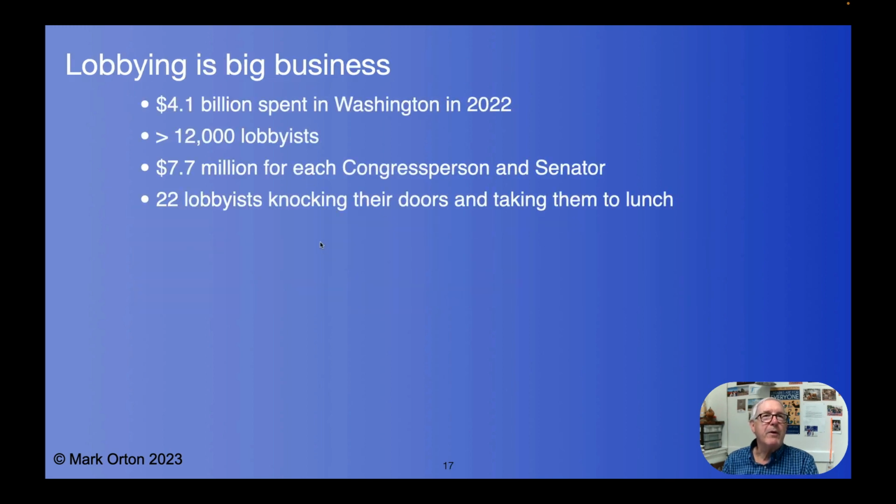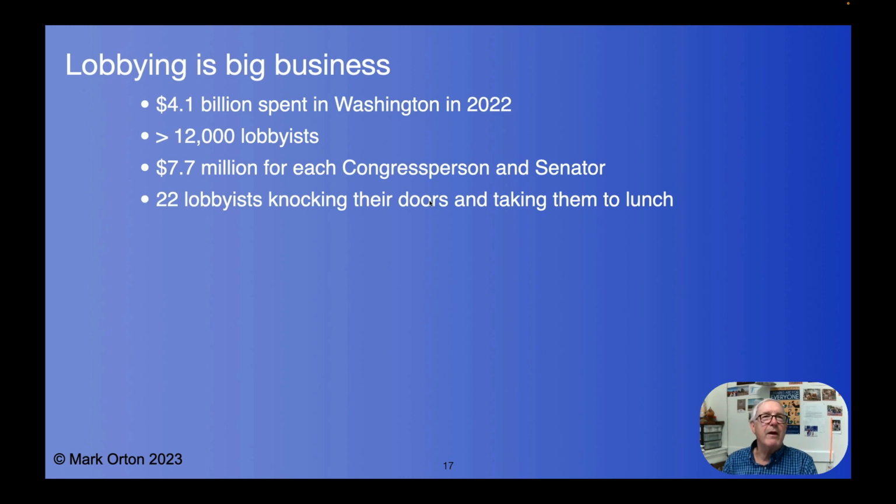So lobbying is really big business. $4.1 billion was spent in Washington on lobbying in 2022. There are more than 12,000 lobbyists, and that converts into $7.7 million for each congressperson and senator, and 22 lobbyists knocking on their doors, taking them to lunch, playing golf, and whatever else fat cats do.